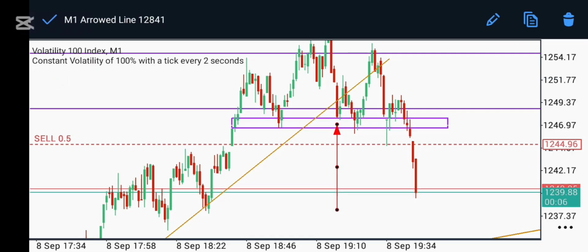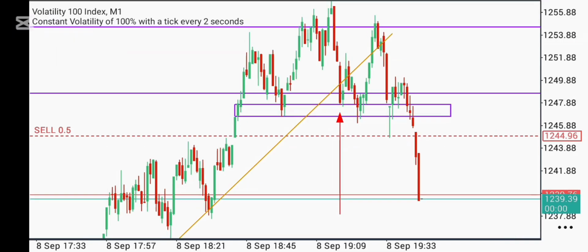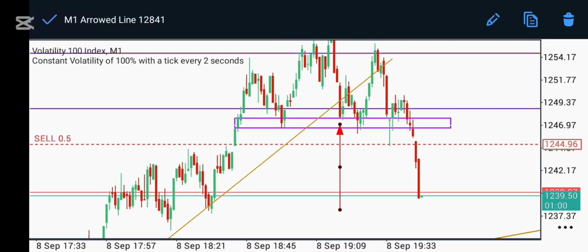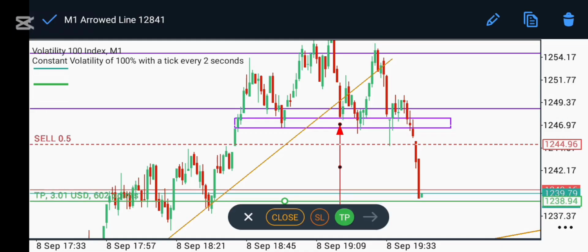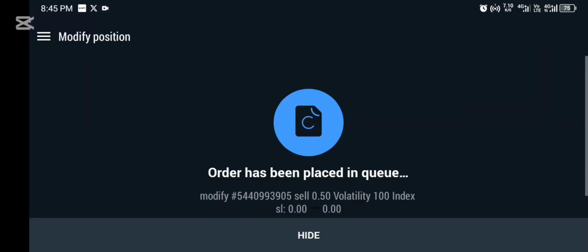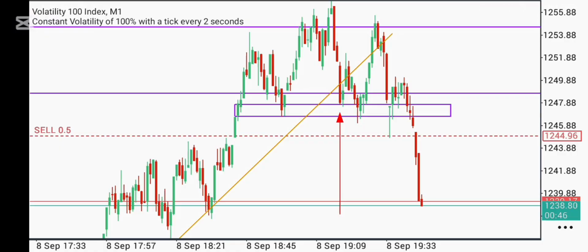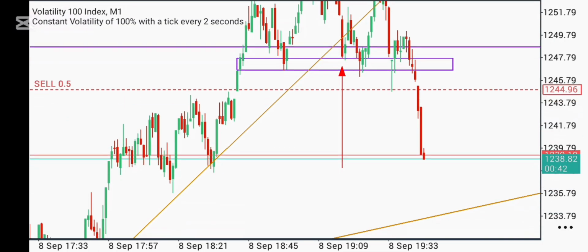So if the market can get to the end of this arrow, that means it's actually a good take profit. So I can take my profit here, or I hold it. Since I opened two positions, maybe one take profit might be there, or I just monitor the trade and close them manually.